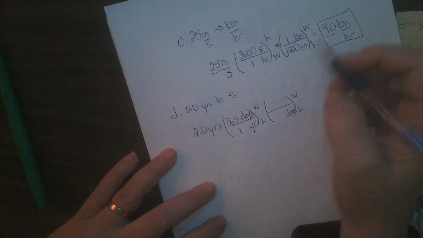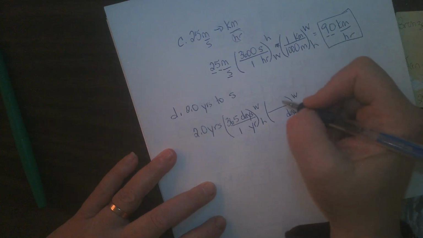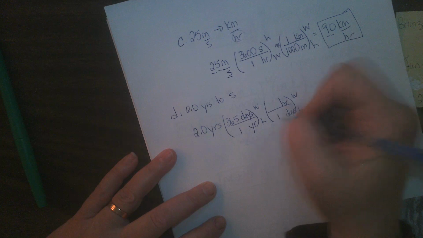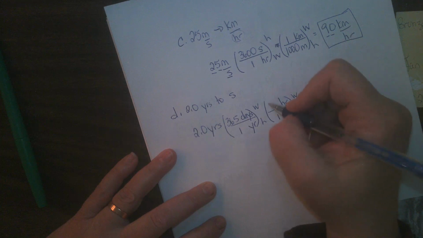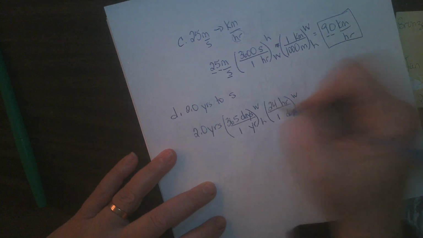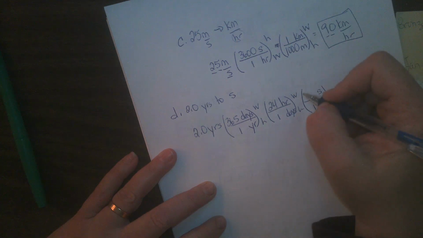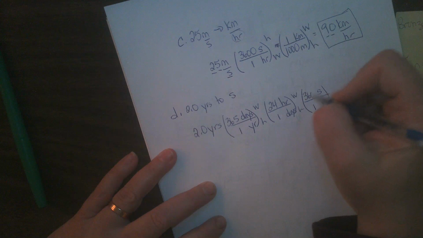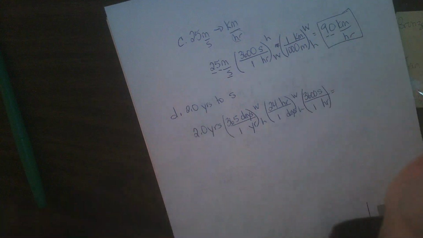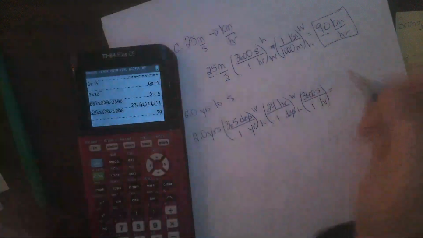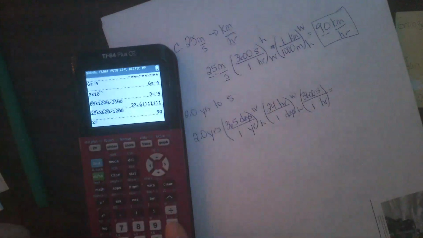What's smaller than a day? Hour. So in 1 day, there's 24 hours. And now I can make a big jump. I know hours to seconds. In 1 hour, there's 3,600 seconds. Okay, it's going to be a big number.